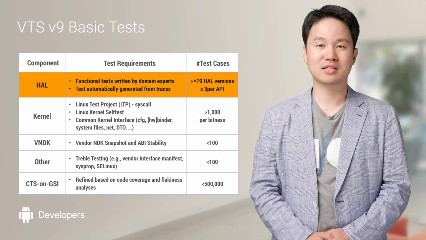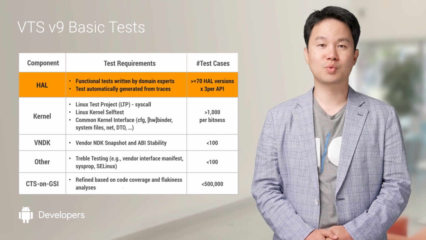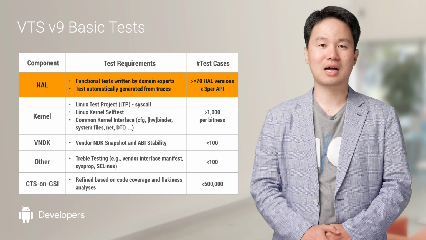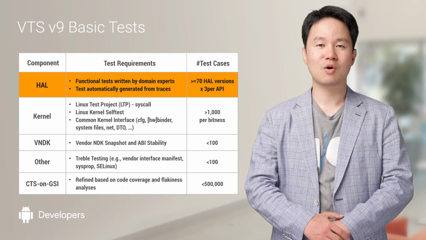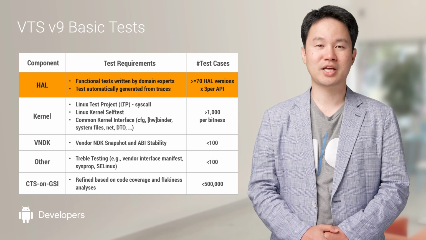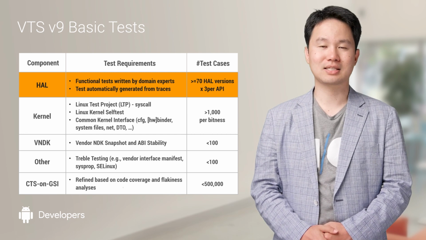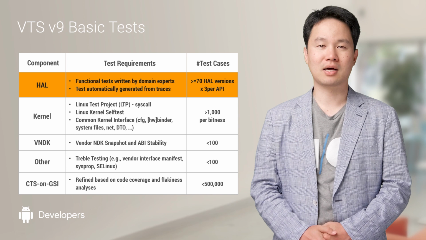Specifically, many HAL tests were written by the domain expert within Google. The rest was automatically generated from the HAL traces. There are over 70 HAL versions in Android V9, and we tried to have at least 3 test cases per HAL API.